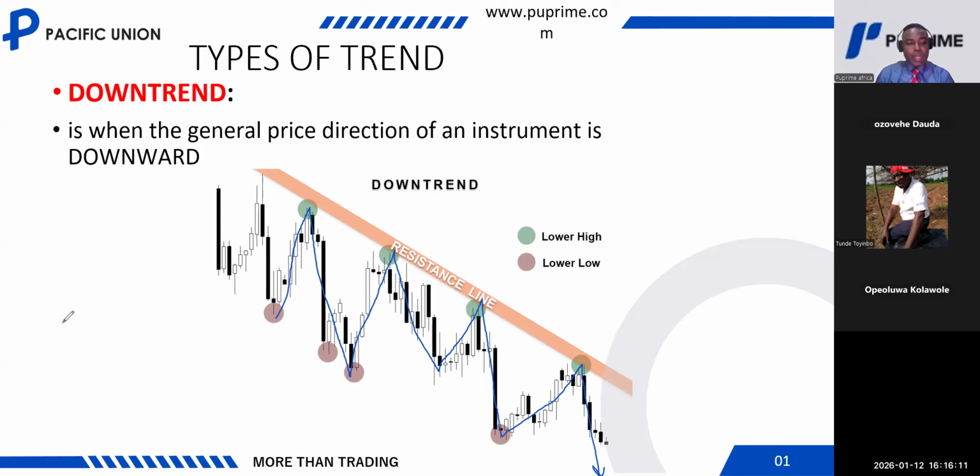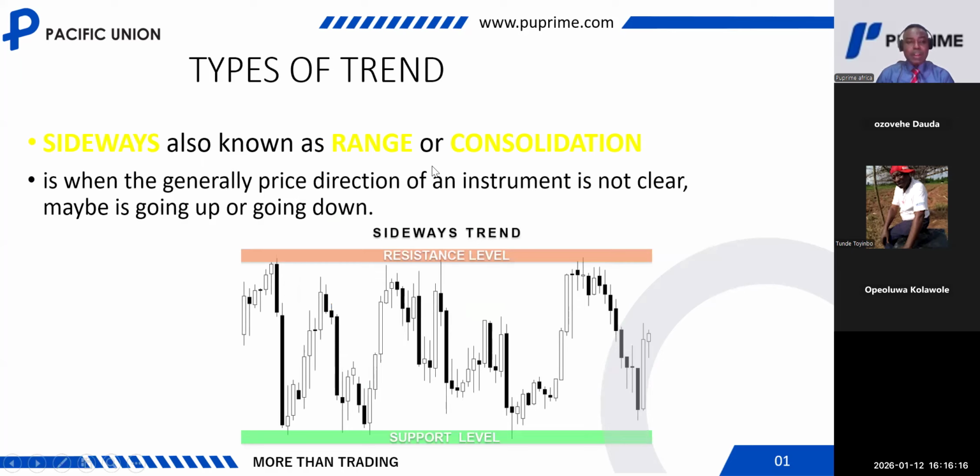And thirdly, we have the sideways. Now, this can be called sideways market, range, or consolidation. Any of these three, they still mean the same thing. I would say this is when the general price direction of an instrument is not clear. It's not clear whether it's going up or coming down.